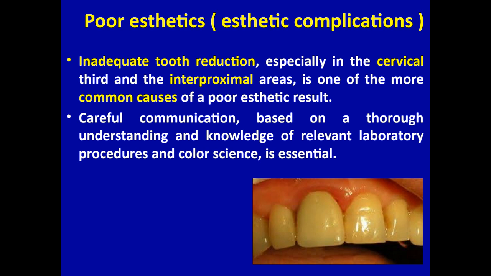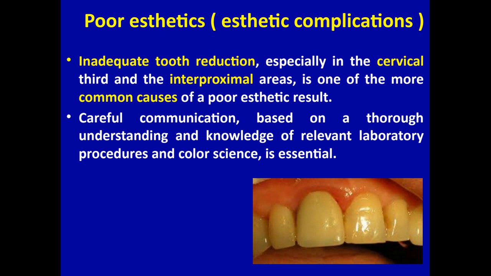There is not enough space for the porcelain layer. Either the technician will apply only opaque and result in an opaque restoration, or will build enough porcelain layers, but the final crown will be over contoured.